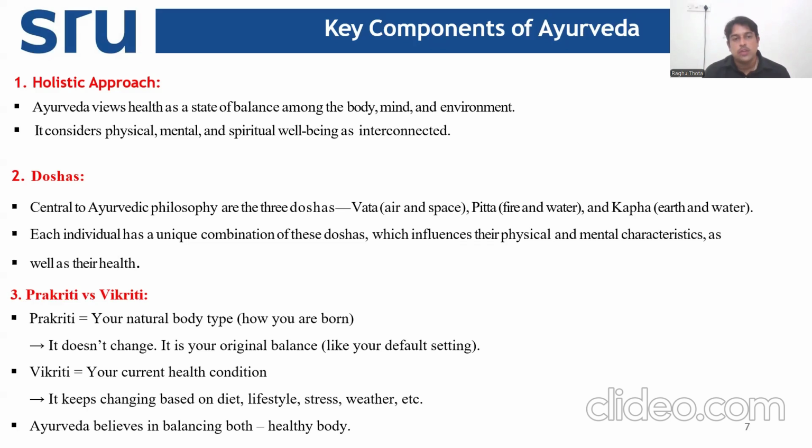Each individual has a unique combination of these doshas. Unique combination means for some bodies, Vata and Pitta are good and Kapha is not good. For some bodies, Pitta and Kapha are good and Vata is not good.